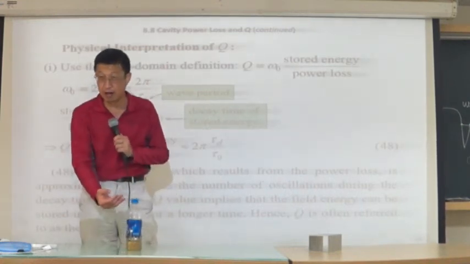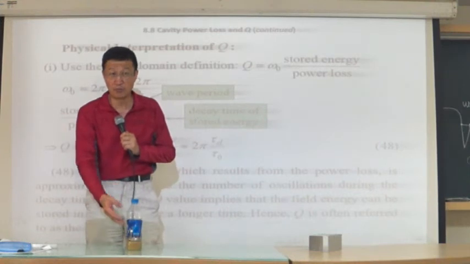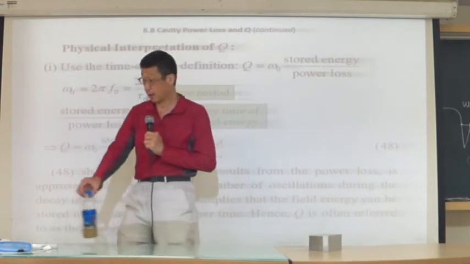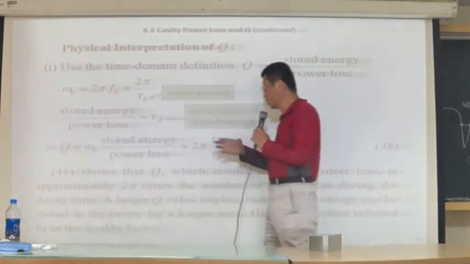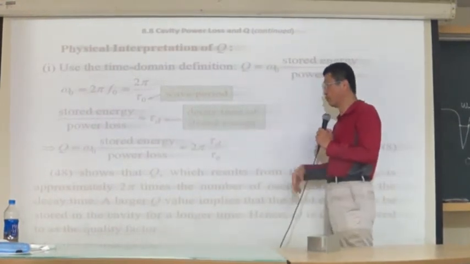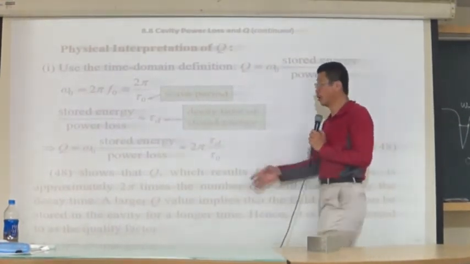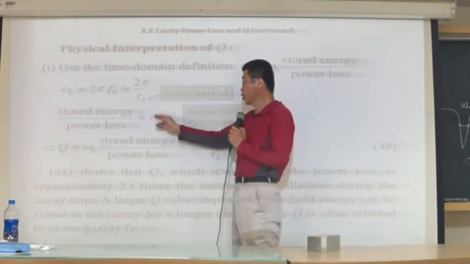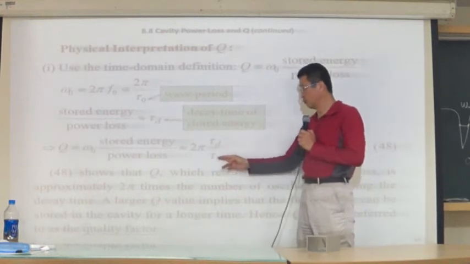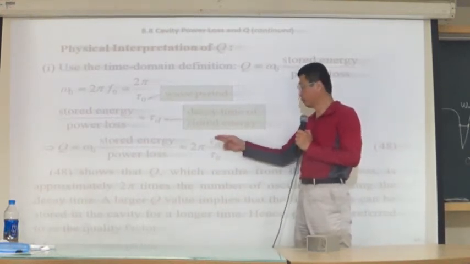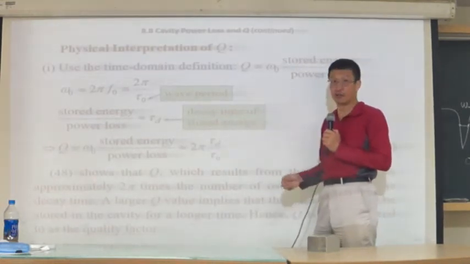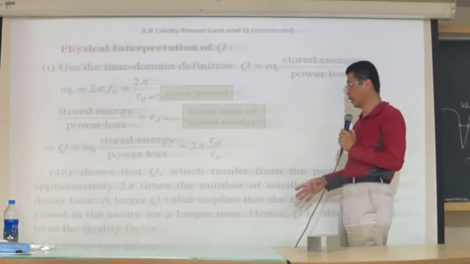You can calculate how much time we need for this bottle to be totally leaked out. So you can estimate the decay time of the stored energy, and we compare these two. So Q is just tau 0, the wave period, divided by tau d, times 2 pi. That's the quality factor in the time domain. Okay.